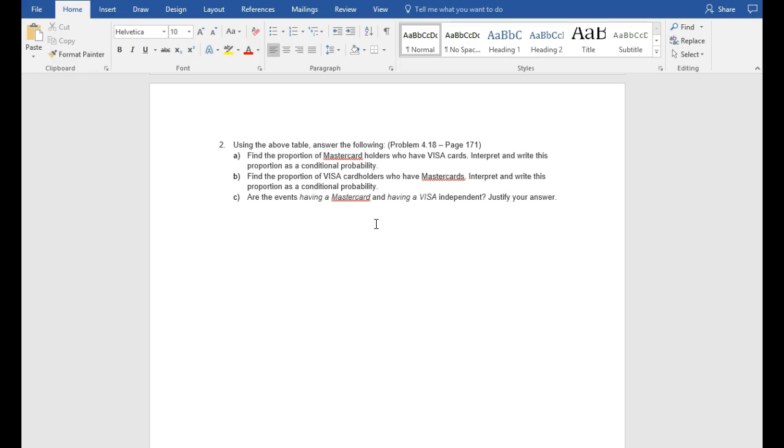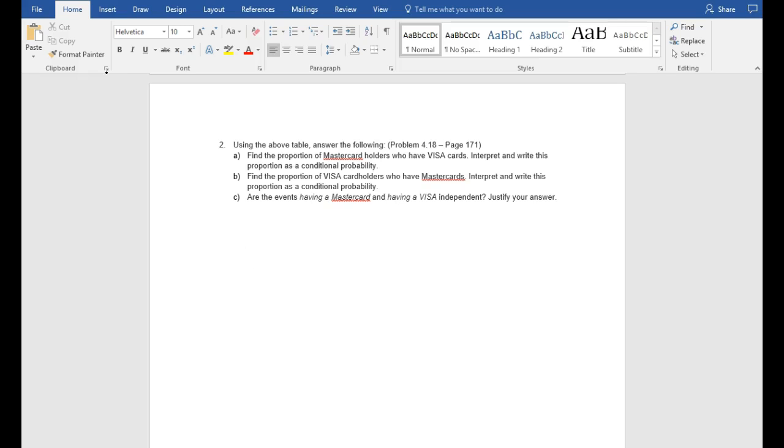So this is where the wording gets pretty dicey. What the mind wants to do whenever you read this is turn it into an "and," M and V, MasterCard and Visa card.